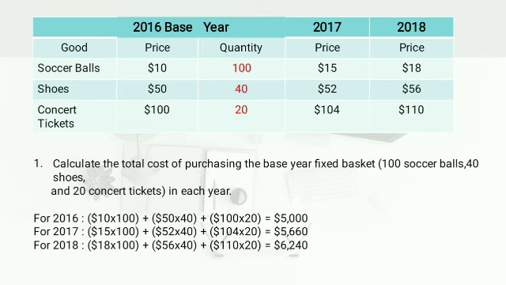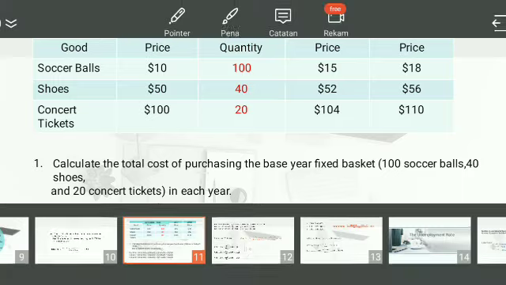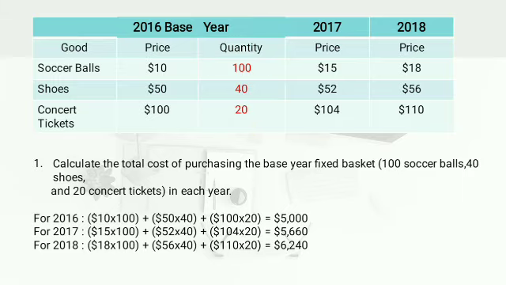The amount is $5,000. For 2017: soccer balls $15 times 100, shoes $52 times 40, and concert tickets $104 times 20. The amount for 2017 is $5,660.